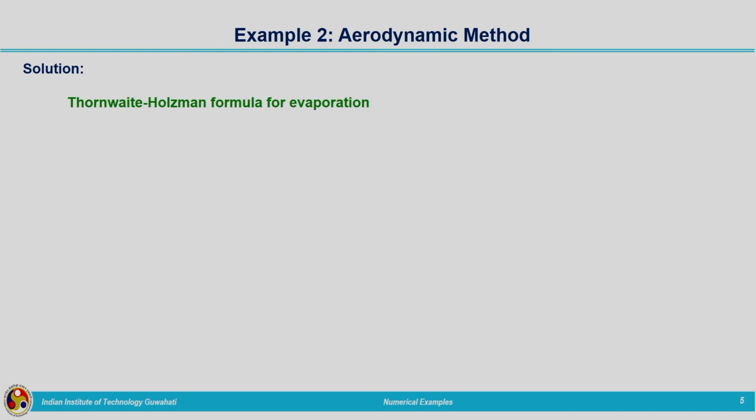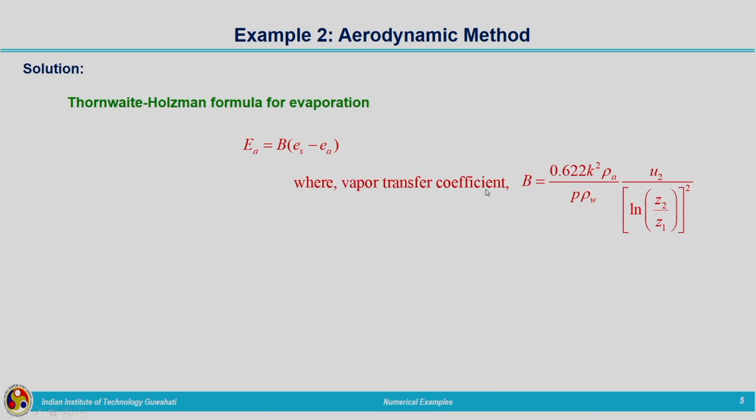So, the aerodynamic method is nothing but our Thornthwaite-Holzman equation. That equation is given by EA is equal to B into ES minus EA. It is in the same form as that of Dalton's formula of evaporation. EA is equal to B multiplied by vapor pressure deficit, where vapor transfer coefficient B is given by this expression.